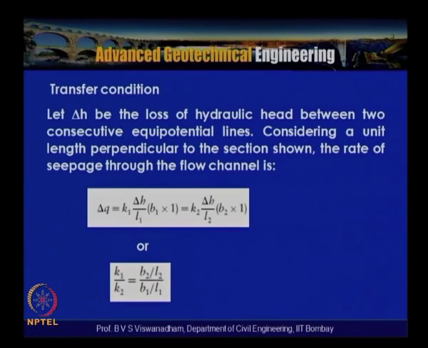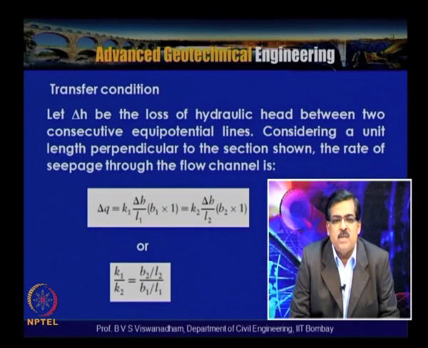Now let delta H be the loss of hydraulic head between two consecutive equipotential lines. Considering a unit length perpendicular to the section shown, the rate of seepage through the flow channel is given as delta Q is equal to K1, the permeability of soil 1, times delta H, the head loss, divided by L1, the distance between any two equipotential lines in soil 1, times B1, the distance between two flow lines, times 1, which is equal to K2 times delta H by L2, that is the hydraulic gradient in soil 2, times B2 times 1.